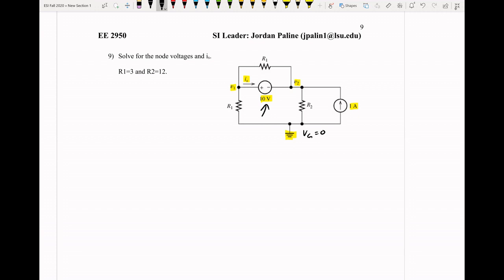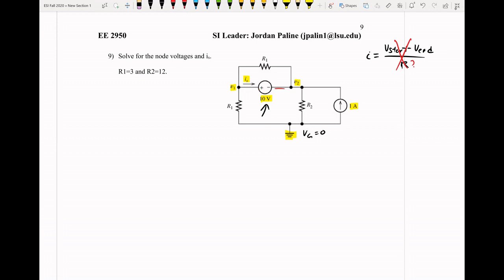That's going to be an issue when it comes to nodal analysis, because whenever we write out V start minus V end over R, along that branch there is no R. So we can't really do that.